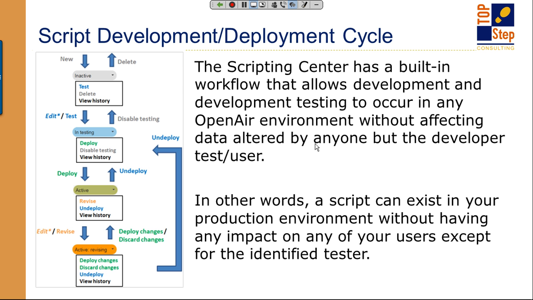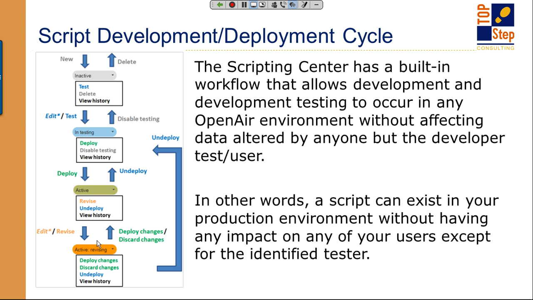There's a development and deployment cycle that is built into the Scripting Center that starts with an inactive script. You basically give it a name and there's nothing there. Once you've got some code in there, you can put it in a test mode. Once you're comfortable in your test mode that everything is looking good and the way you want it, you can make it active through a deployment.